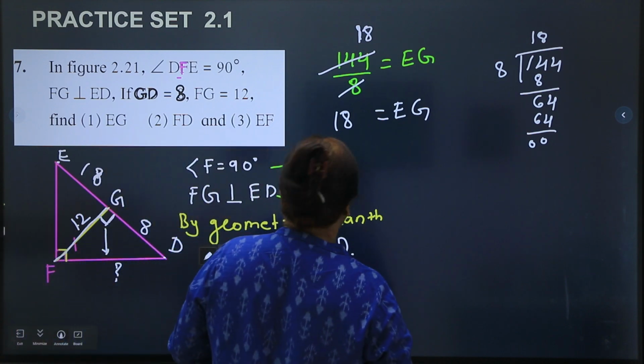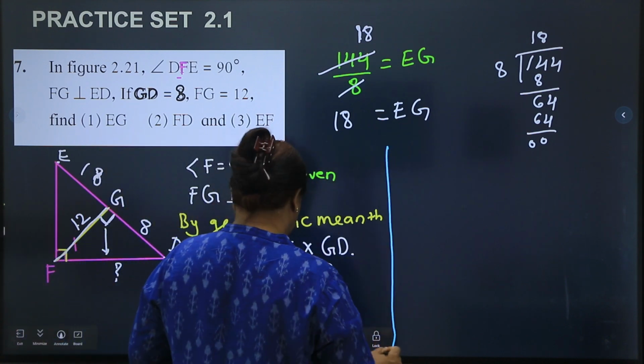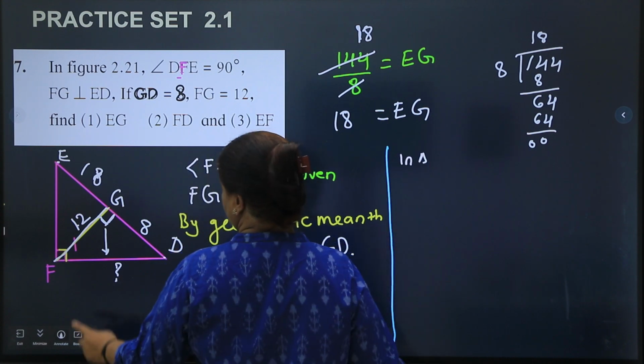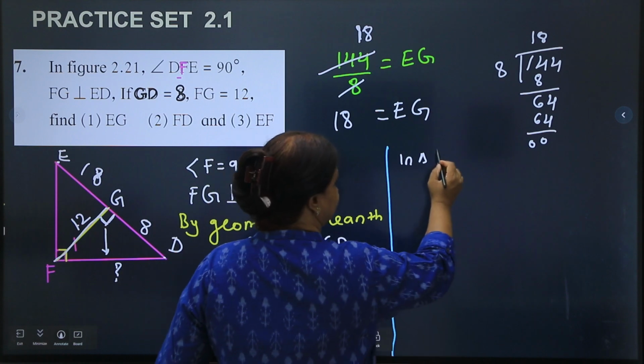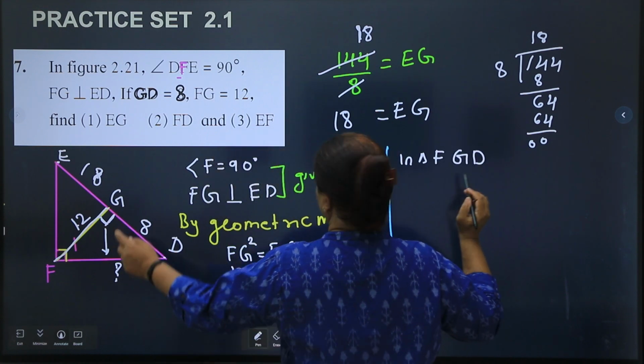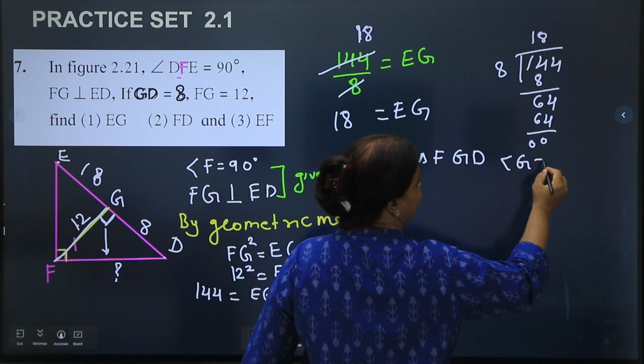so we can use, in triangle FGD, angle G is equal to 90 degree.